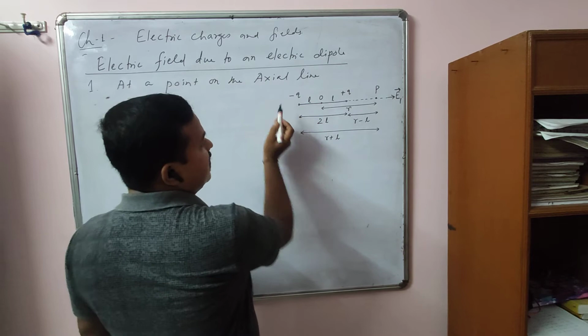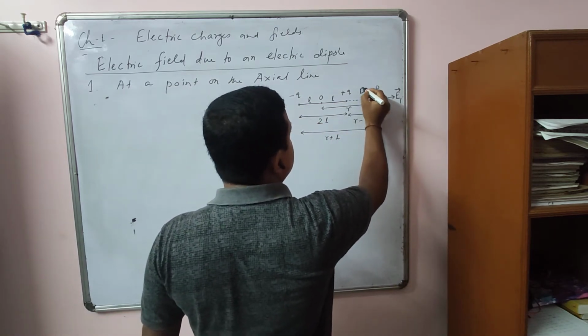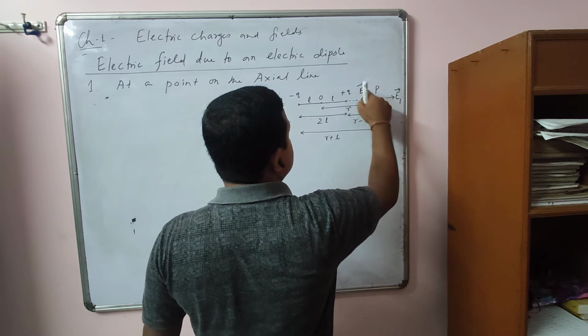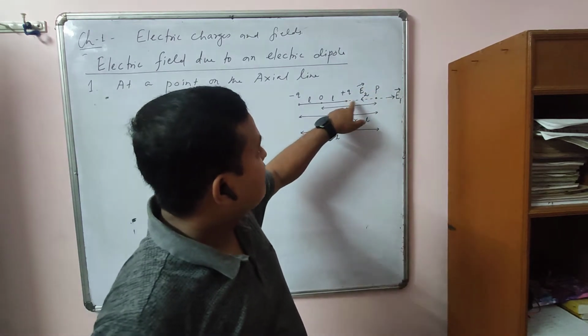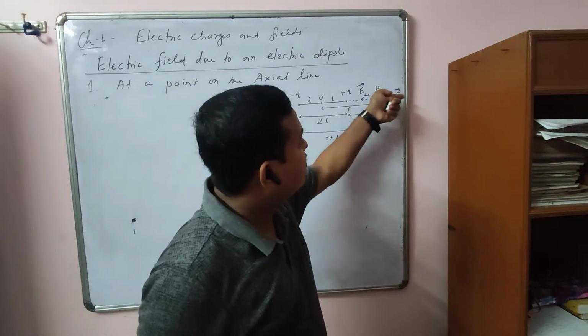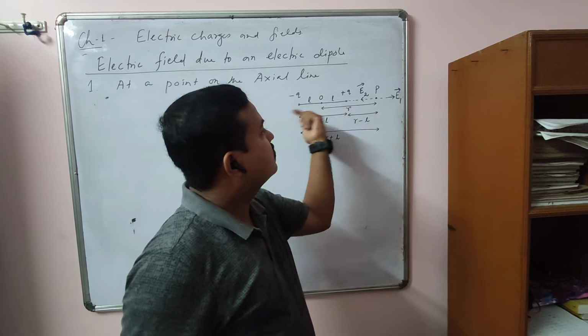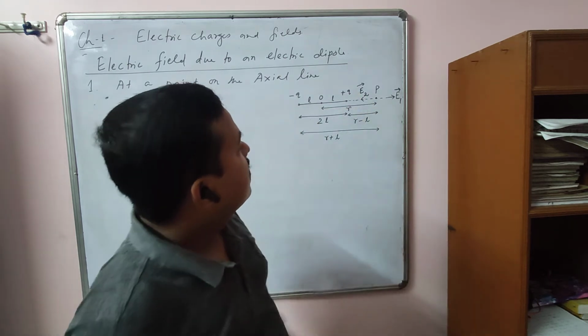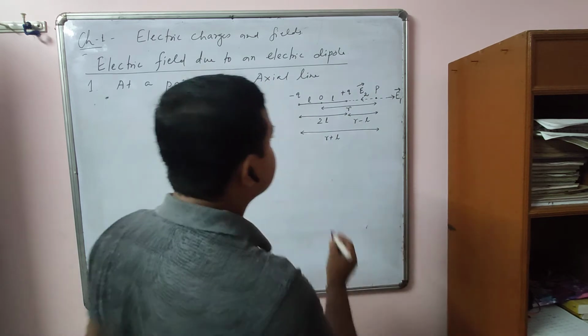And for the negative charge it is inward, towards the charge, and we take it as E2. Now we can find the total field at point P. Okay?